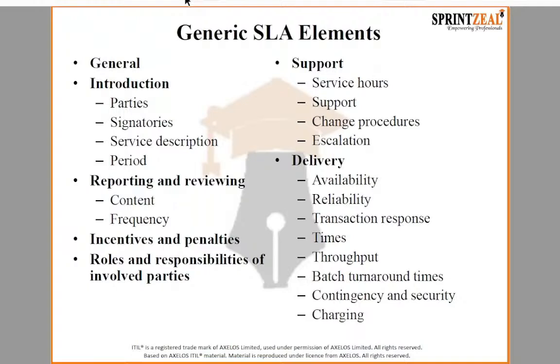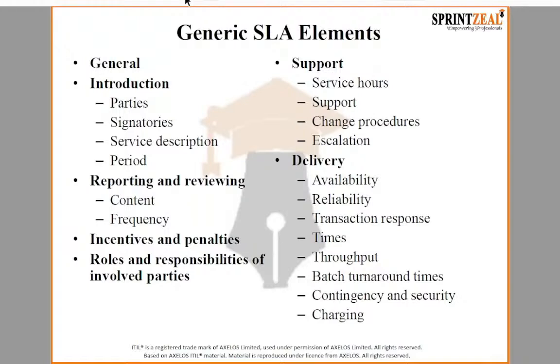This slide shows some generic SLA elements, some things that you can typically find within a service level agreement. General information about the SLA, an introduction of who's involved, right?